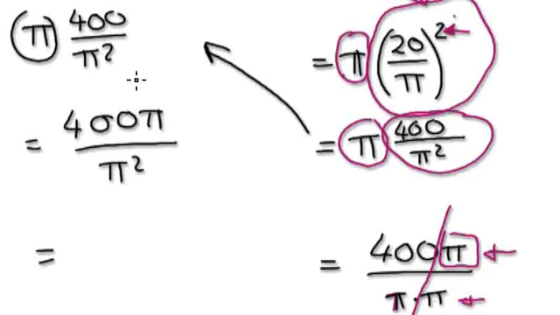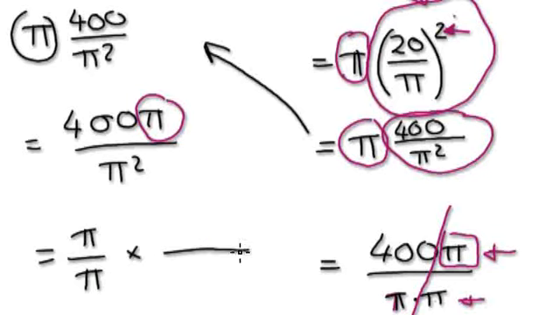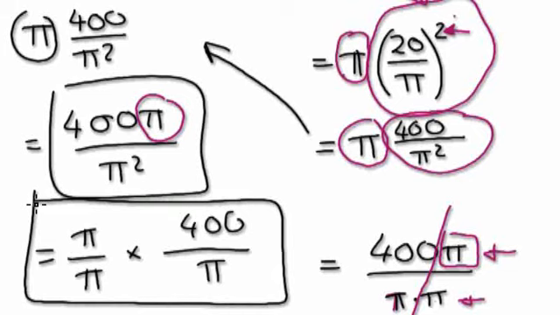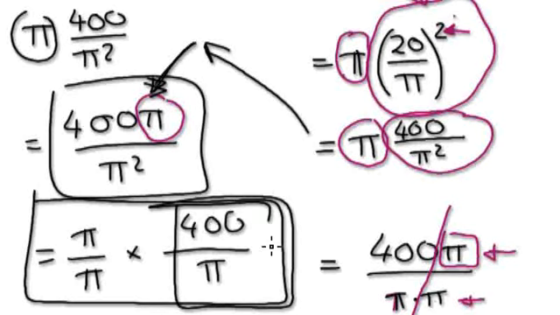Okay, and the next step is, you've got pi at the top here, and you've got in effect 1 pi at the bottom. So what you do, you split them up like this. So pi over pi times 400 over pi. So you can see this is the same as this. It's just a trick that we use in order to make this thing simpler. So rather than writing this, it's actually this.